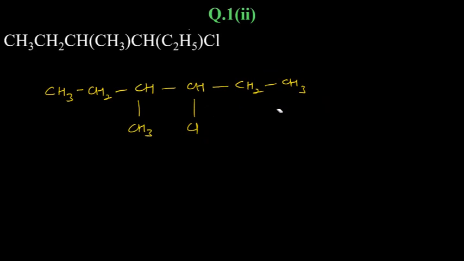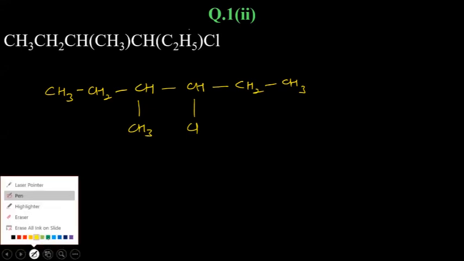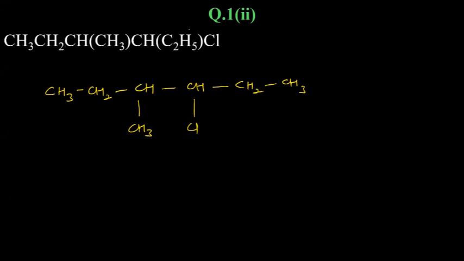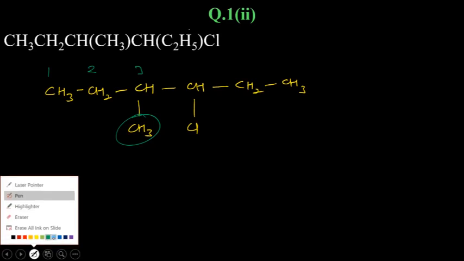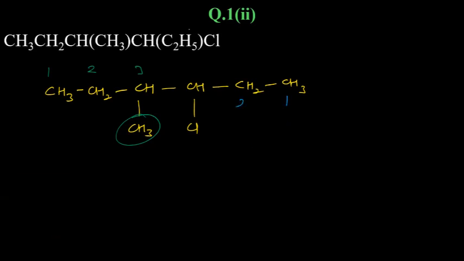Now see from where the numbering should start. The numbering could have started from the left hand side. If you start from 1 to 3, the branching is on third from both sides.